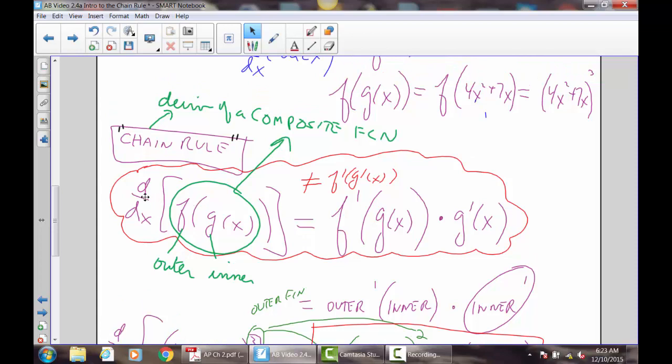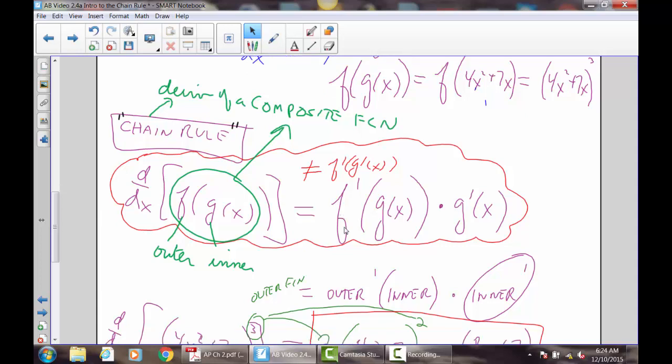The chain rule says that the derivative of a composite function, f of g of x, is equal to the derivative of the outer function evaluated at the inner function times the derivative of the inner function. What it is not equal to is the derivative of f at the derivative of g. That's not what it's equal to.